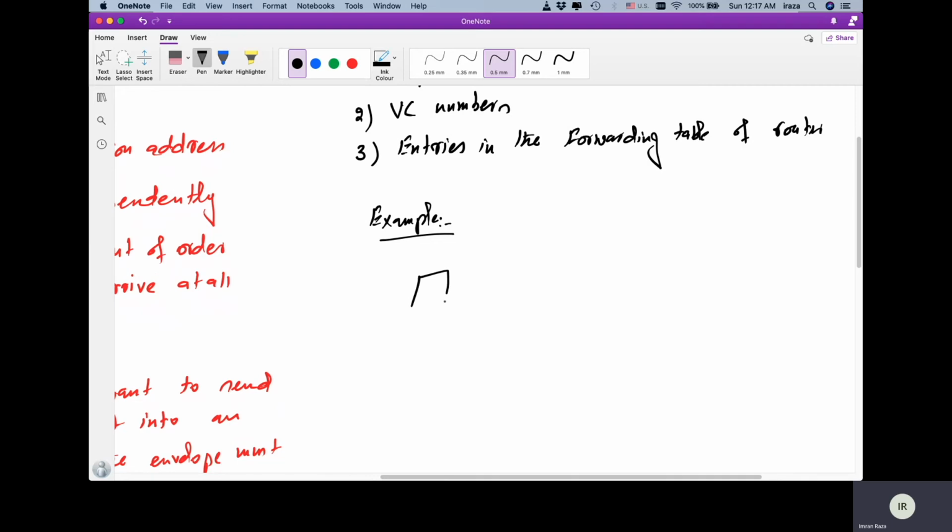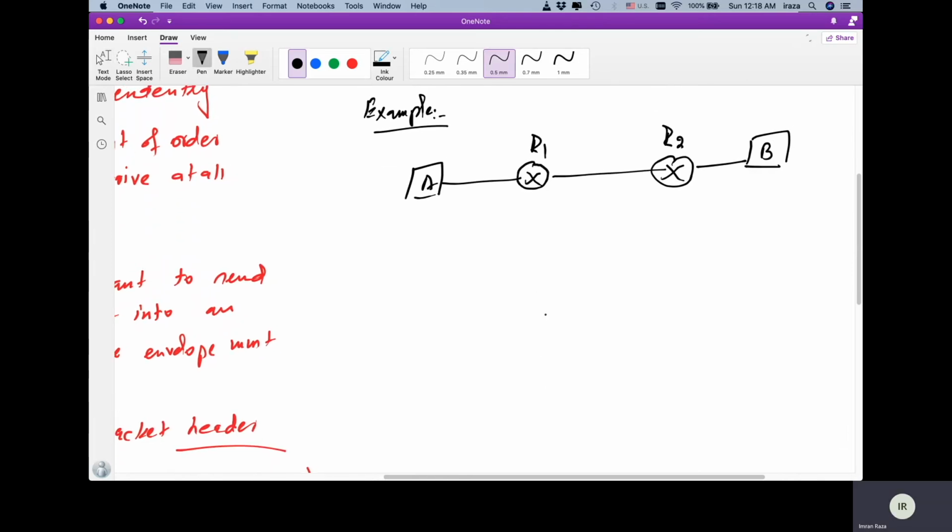So, for example, we have our machine A, and machine A is connected to router R1. Router R1 is connected to router R2. And router R2 is connected with machine B. And then there are other routers as well. So here we have router R3, and here we have router R4.